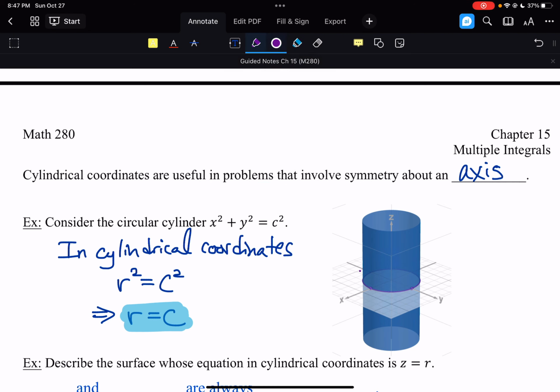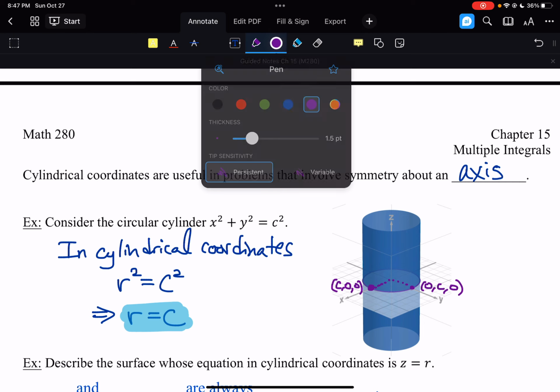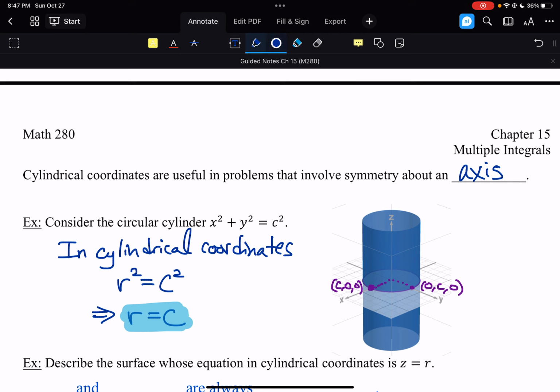And we can see, of course, on this circle right here, it's just whatever this radius is. So that would be C, 0, 0. This one would be 0, C, 0, like that. So that's what defines our cylinder, is simply one constant radius value and then unrestricted z and theta values.